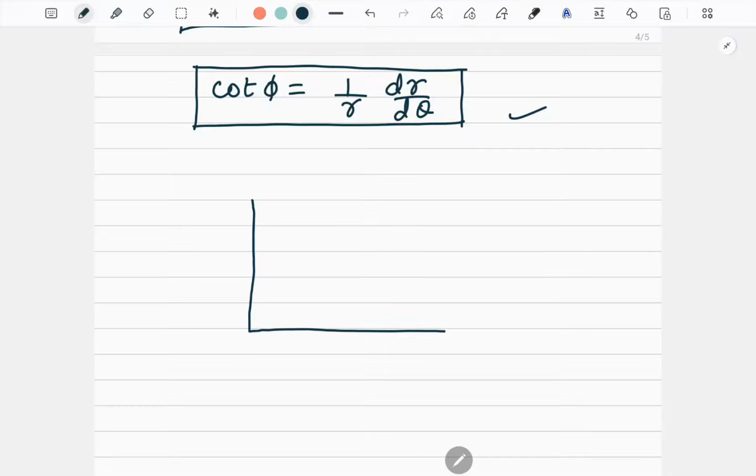I'll make a graph, suppose this is a curve, and there is a point P r comma theta here. If this is P r comma theta, if you join, this is your r and this is your theta. Now you are making a tangent here like this.